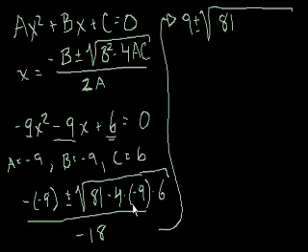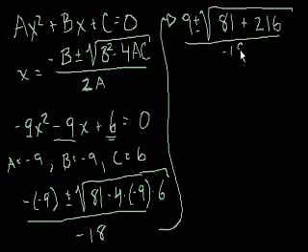And then positive 36 times 6 is, let's see, 30 times 6 is 180, and then 180 plus another 36 is 216, plus 216. Is that right? 180 plus 36, right, is 216. All of that over 2a. 2a, we already said, is minus 18.